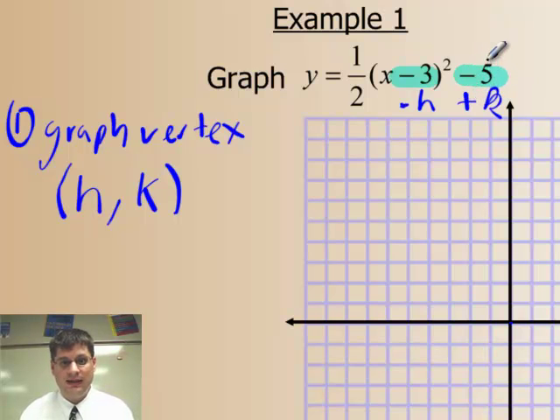That means a negative 5 went into here, so that's down 5 and right 3. It must have been a positive 3 because the sign didn't change from the minus h. Hence, our vertex is always located at h, k. I also know that this vertex is going to be a minimum because we have a positive a value of 1/2. It's going to open up, so thus the vertex has to be a minimum.